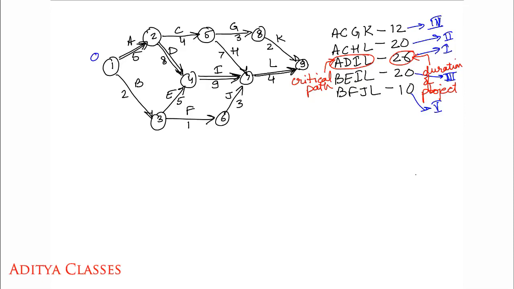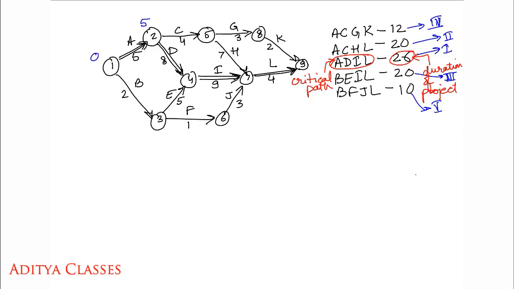So if I start this at 0, it will take 5 minutes. When will I be there? At 5. Then, in case of D, I am here at 5. I can start right away, so I'll start at 5. It will take me 8 minutes or 8 days or 8 hours, whatever time units we are considering.